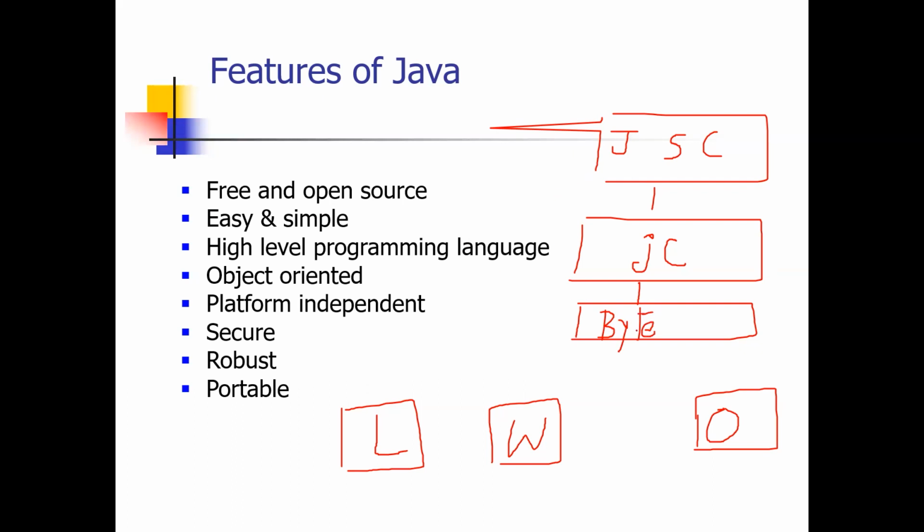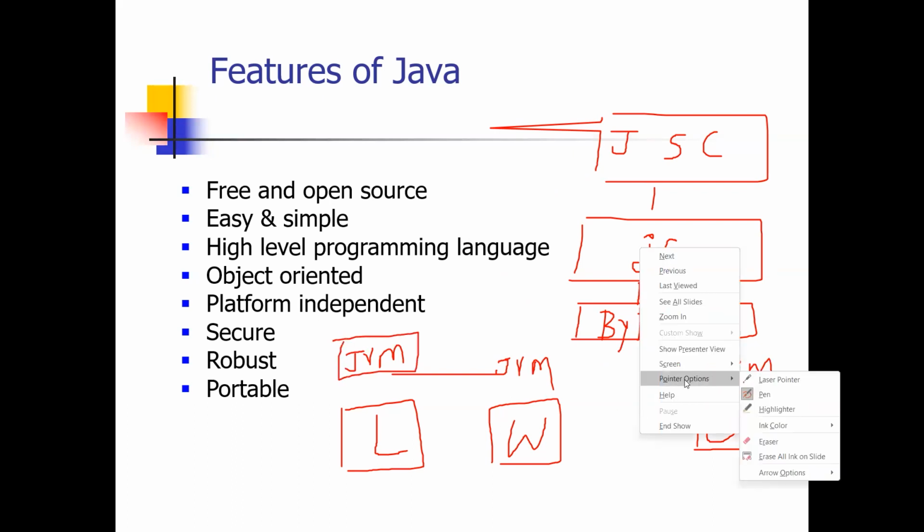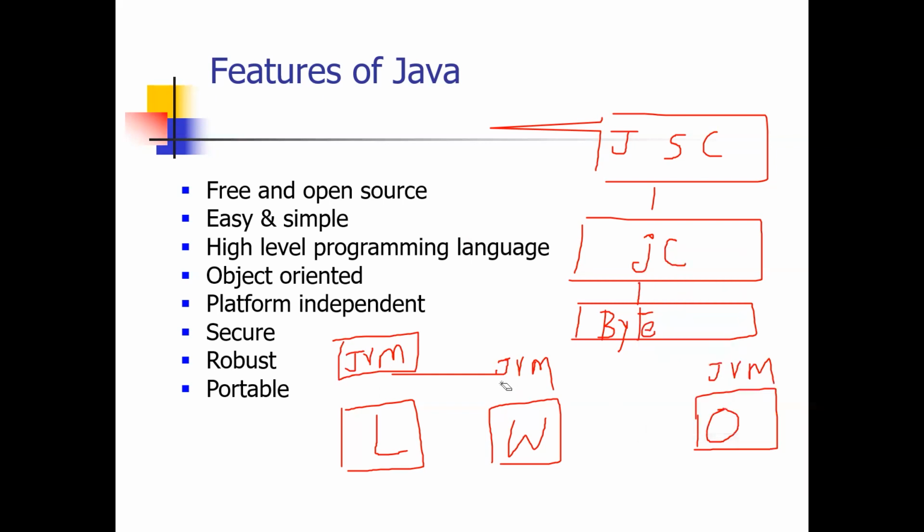After this bytecode conversion, there is the JVM, Java Virtual Machine, that is platform dependent. The JVM converts the bytecode into machine code.